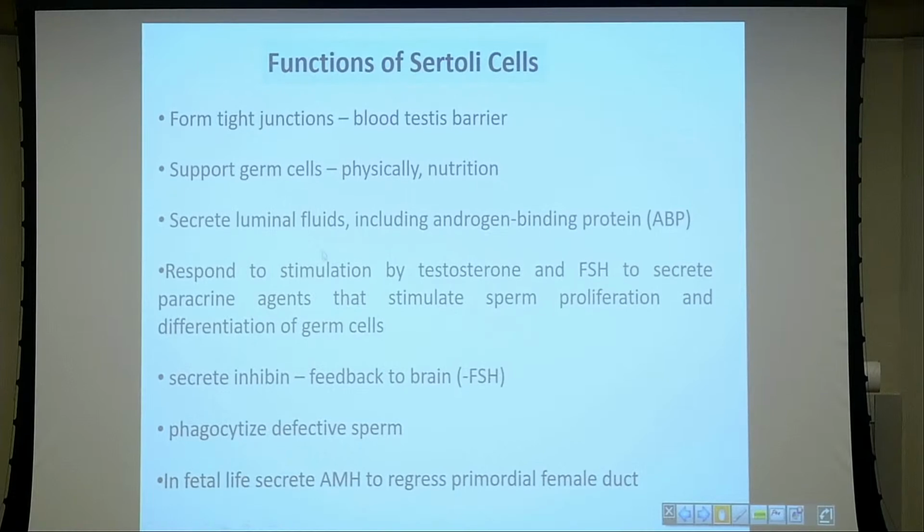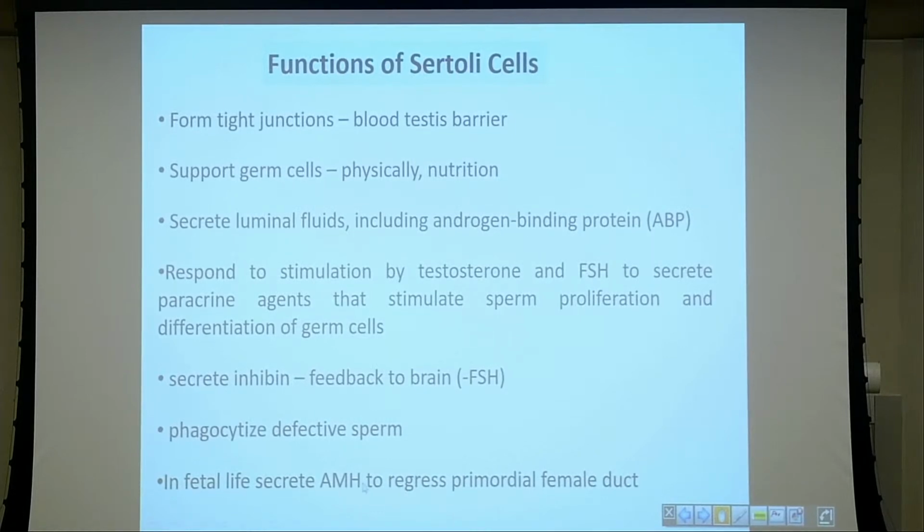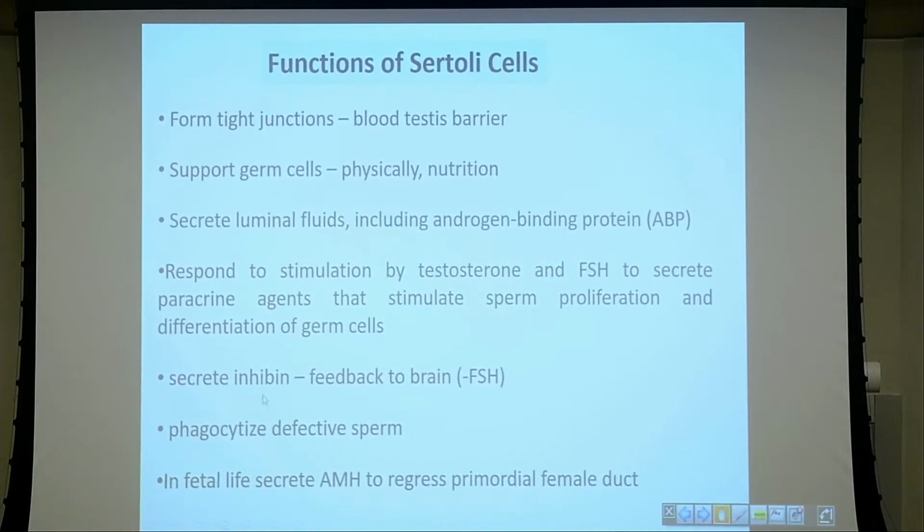They also secrete fluids containing androgen binding protein, and they respond to testosterone and FSH as paracrine agents to stimulate sperm proliferation and differentiation of the germ cells. Sertoli cells produce inhibin, which is a negative feedback regulator of FSH, as I showed earlier. They are also involved in phagocytosis of dead or defective sperm, which will be phagocytized by Sertoli cells in the testis.